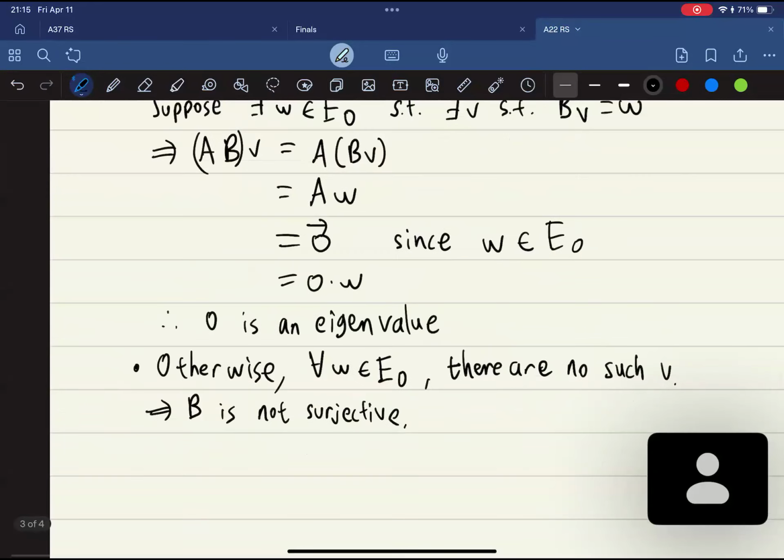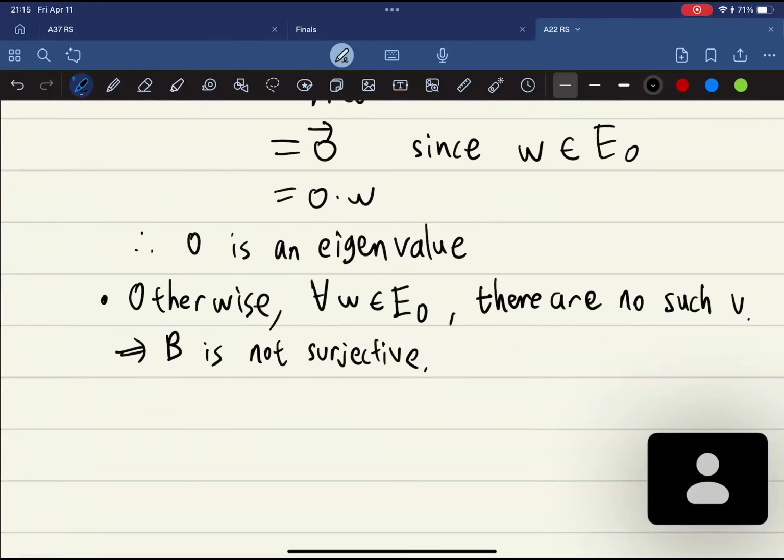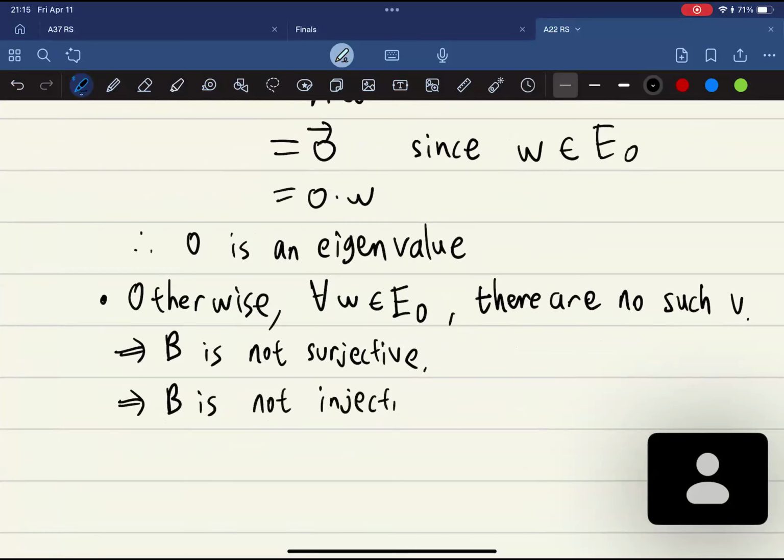And this means that it is also not injective. And there's a C, which is not a zero vector, such that B of C is equal to 0.